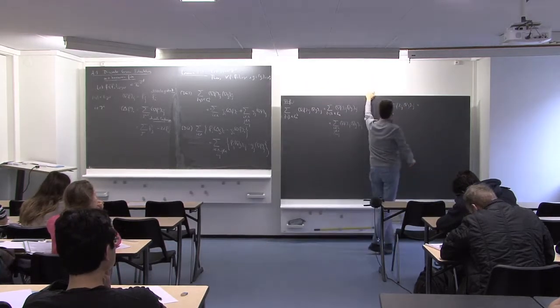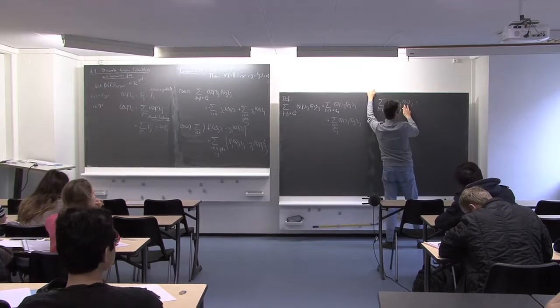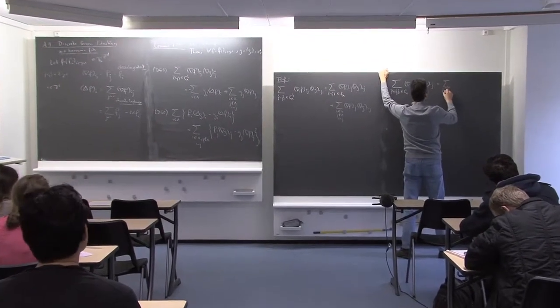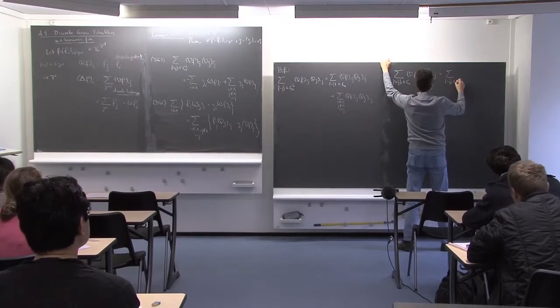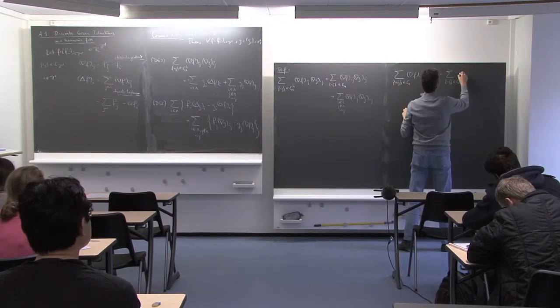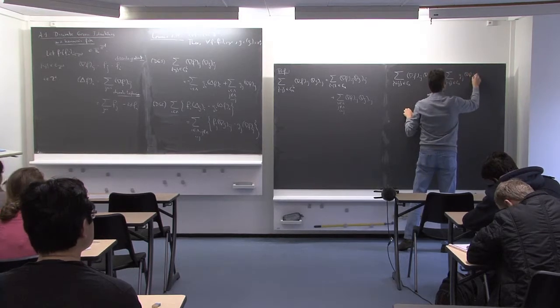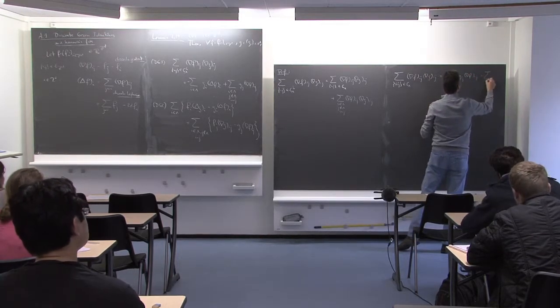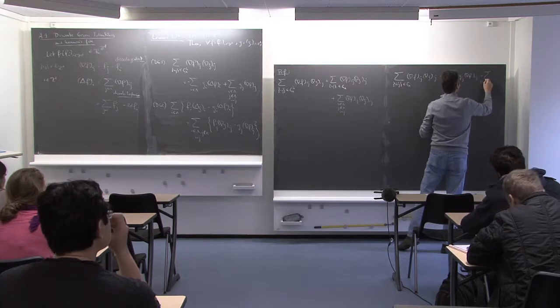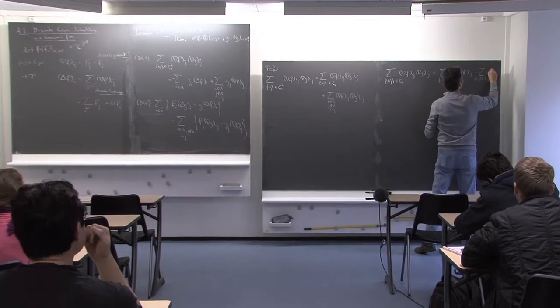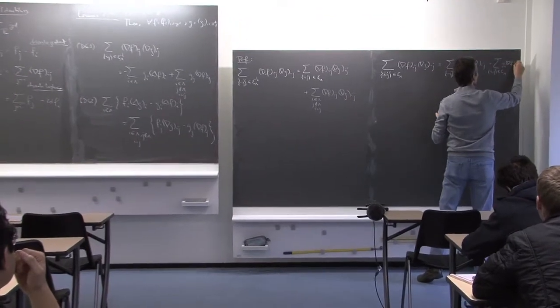You can, for example, just use the definition of the discrete gradient. So this is just the sum over all ij in E lambda of gj gradient f ij minus the sum over all ij in E lambda of gi gradient f ij.